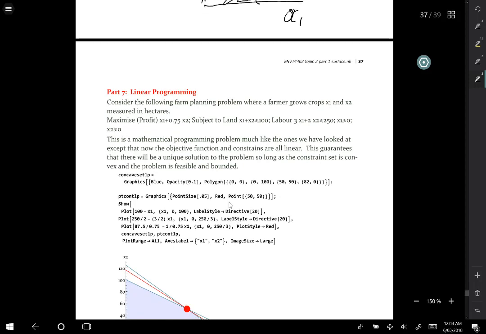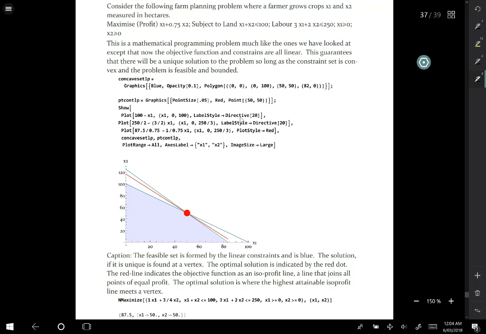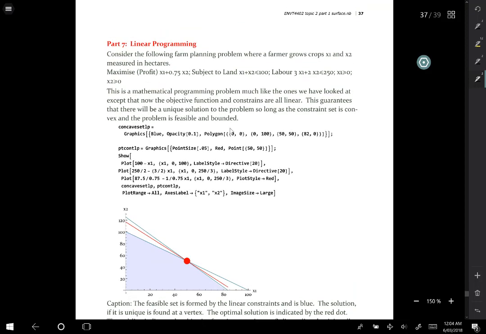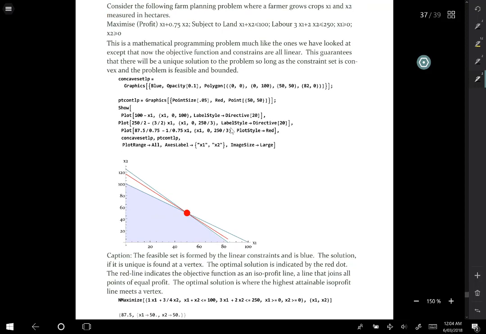Okay, part 7, linear programming. Well, we'll come on to this later in the lab. In linear programming, both the constraints and the objective function are linear.